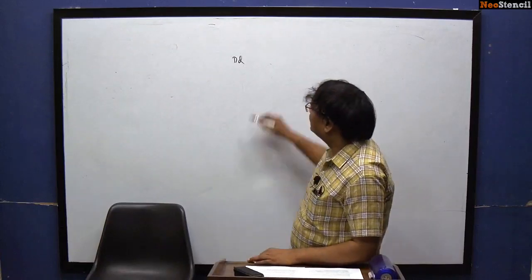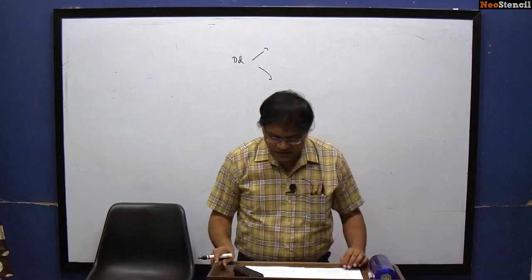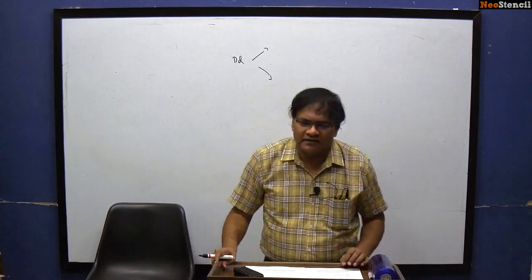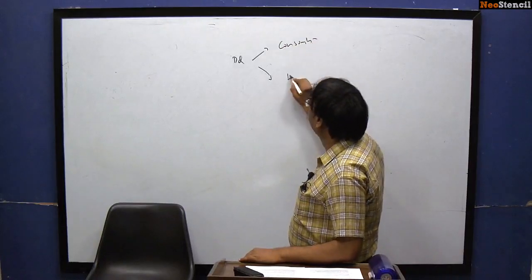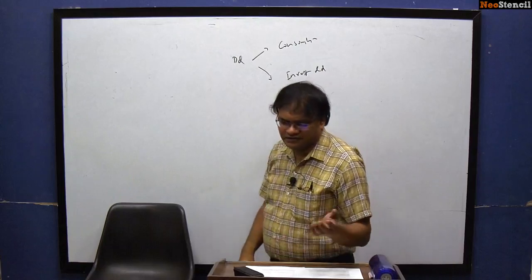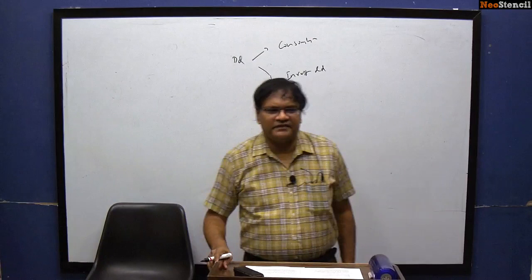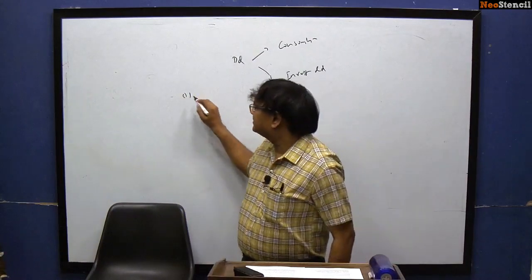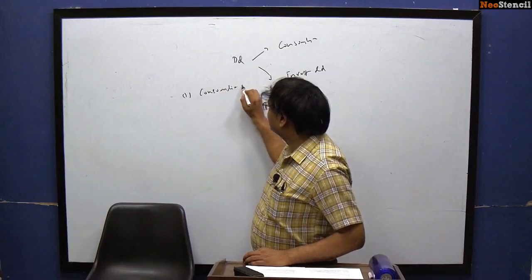And this demand, the question says, can be revived with the help of consumption demand and investment demand. How can demand be revived in the economic system? One is consumption demand of individuals.